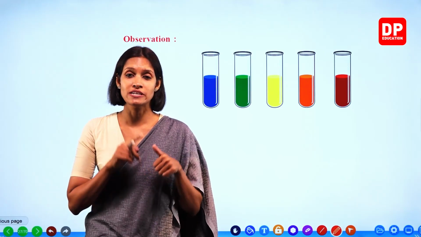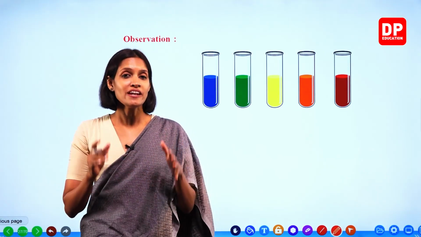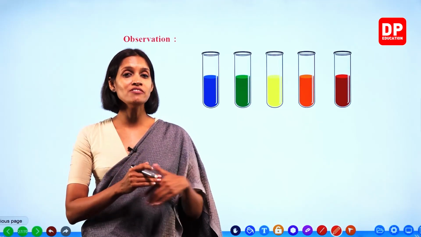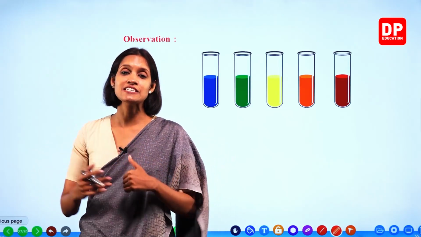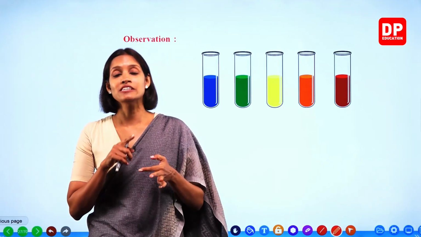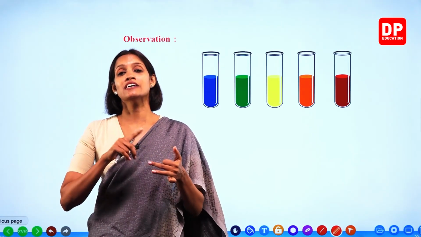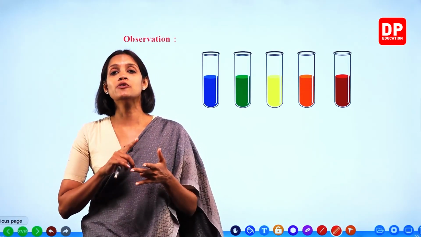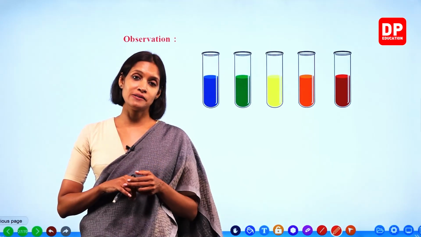It was blue color. It was bright blue in color. And when we were heating it up, you all observed how gradually the color changes took place. First of all, blue color turned into green color, into yellow color, yellow into orange color, and finally orange color into brick red color.